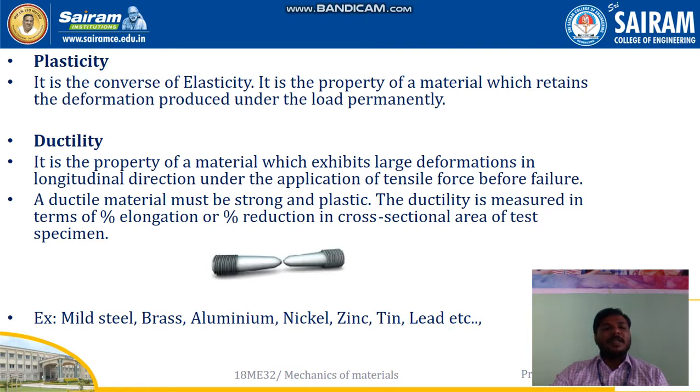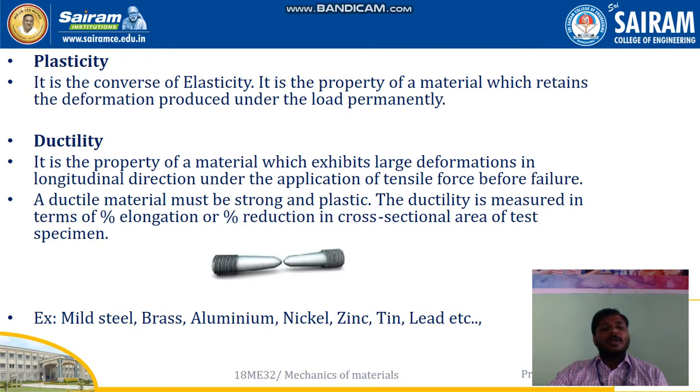Once it crosses the elasticity, for example when you apply a load beyond it, the material goes to the next state, which we call plasticity. Even after removing the load, it does not regain its original shape and size. So when the material reaches plasticity, it changes its shape, size or structure permanently because it has crossed the elasticity. This is the difference between elasticity and plasticity.